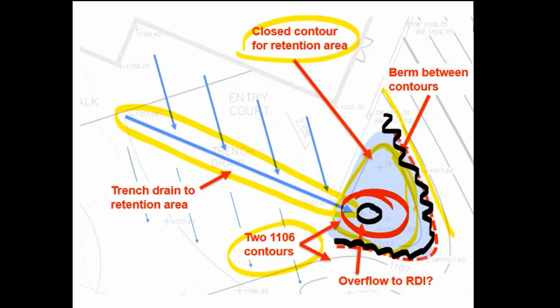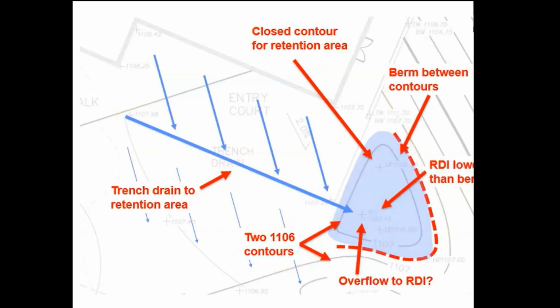When it gets up to the capacity of this system, the water simply flows into the raised drop inlet. And please remember, just like before, that raised drop inlet has to be lower than the berm. In fact, you want it to be at least a half a foot below the berm.